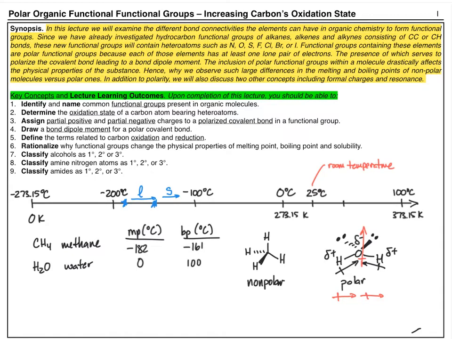That attraction means 2 molecules are closer together, and that's why around 0 and below, water is a solid. It melts at 0. Between 0 and 100, it's a liquid, because you have these attractive forces. Only when you hit 100 degrees do you put enough energy into the system to overcome those attractive forces. The other main thing that water has in terms of attractive forces is called hydrogen bonding.